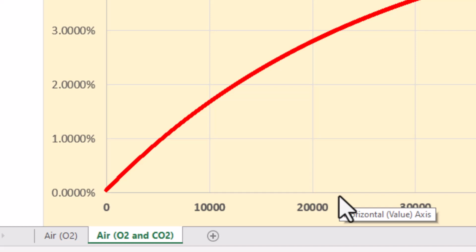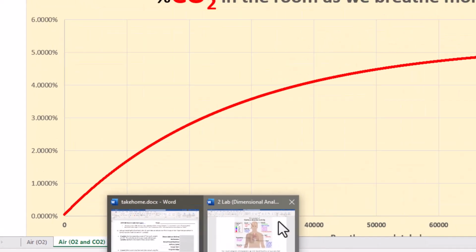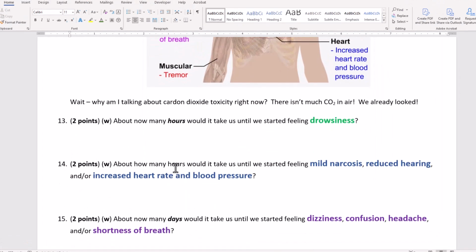Let's call it a quarter. So that is a quarter of the way between 20,000 and 30,000, so let's call that 22,500 breaths. How many hours would that take us?